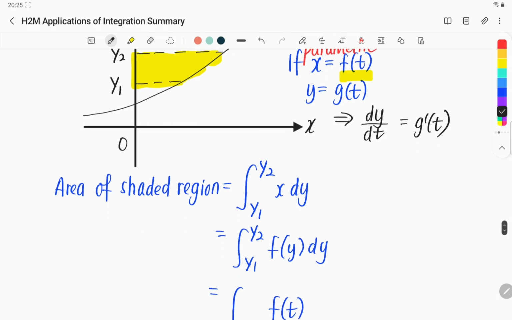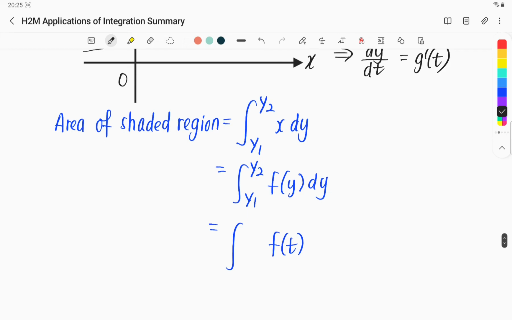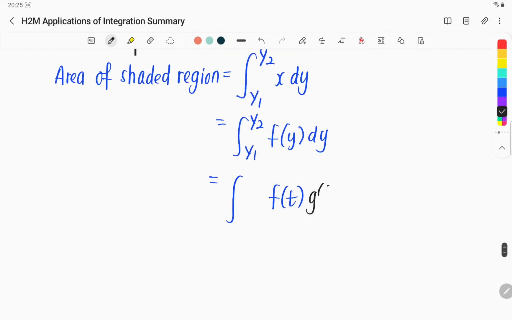Do you see your dy? Again, do this cross multiplication in your head. Do not write dy equals g prime t dt because it is not mathematically sound. I will get g prime t dt. Then again, replace your y limits with your t limits.